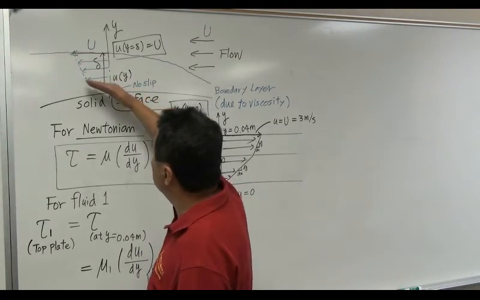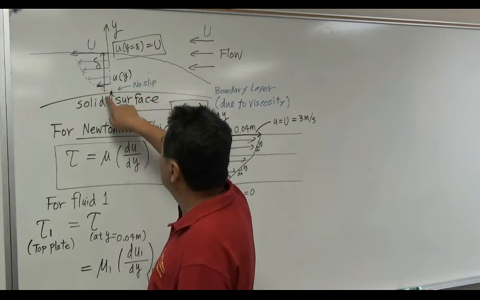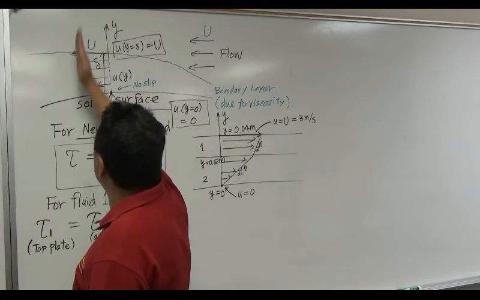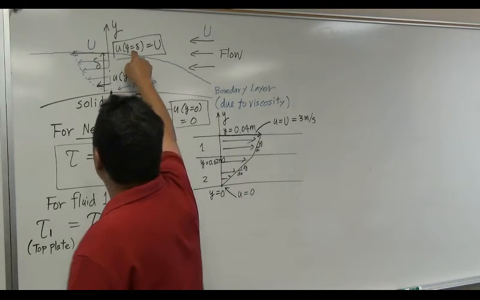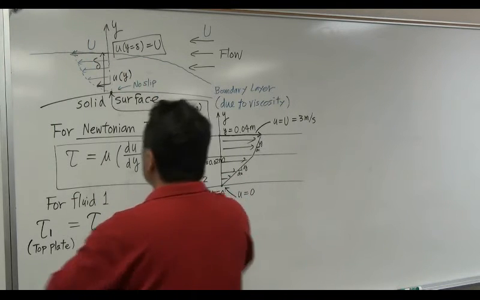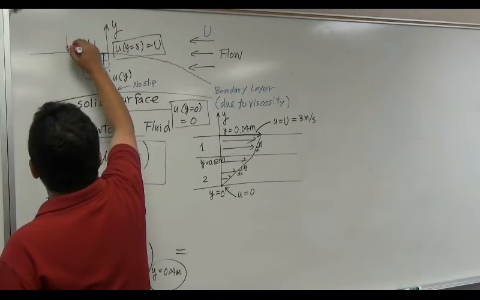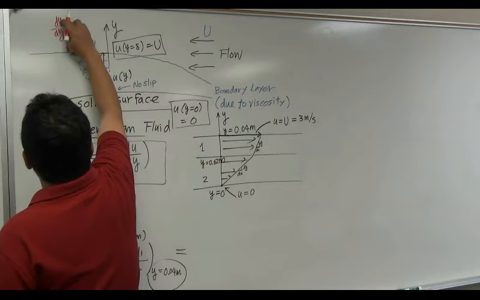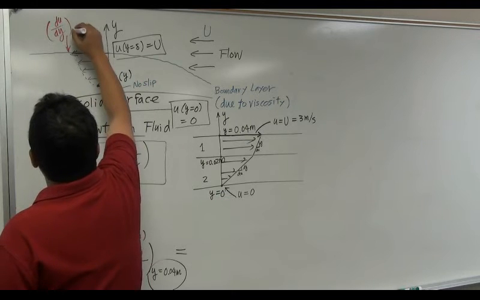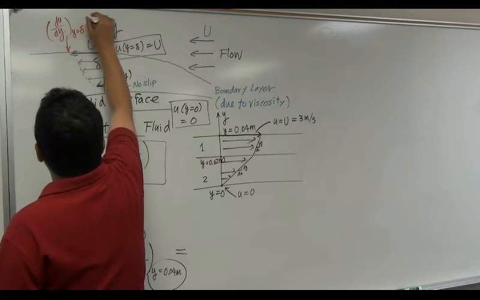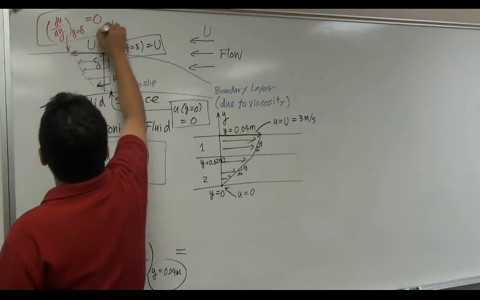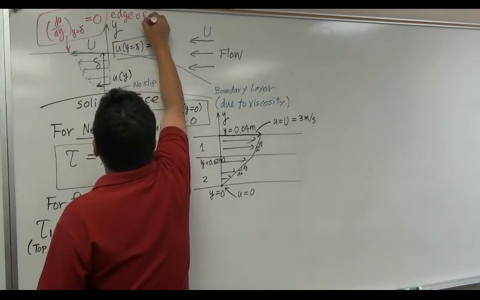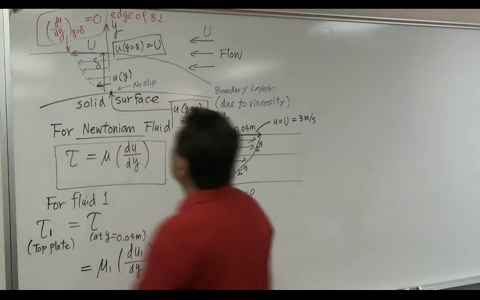du dy is usually maximum value at y equal to 0, and du dy becomes 0 at the edge. du dy at y equal to delta is 0. This is the edge of the boundary layer.